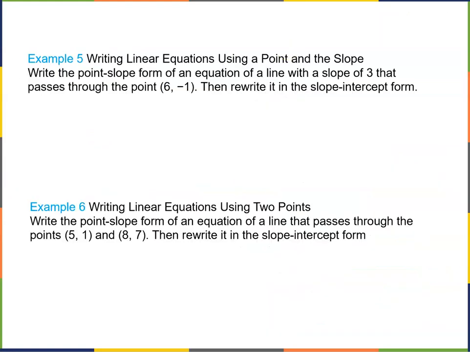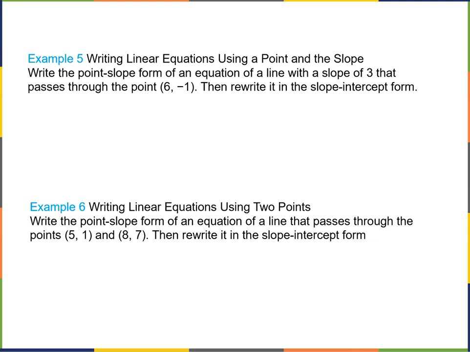Next, examples. Write the point slope form of an equation of a line with a slope of 3 that passes through the point (6, -1).